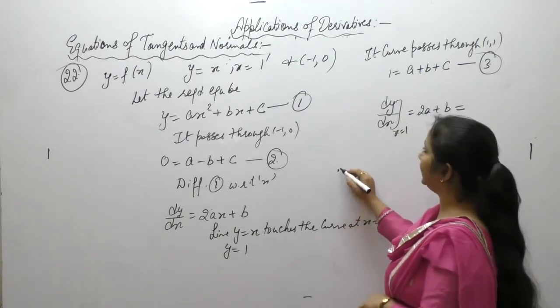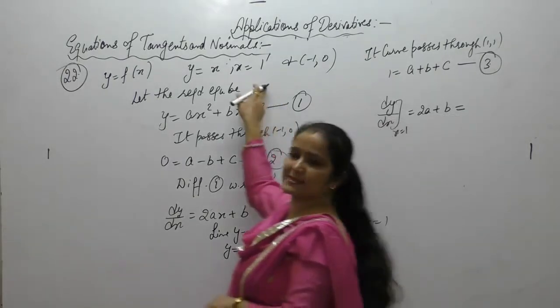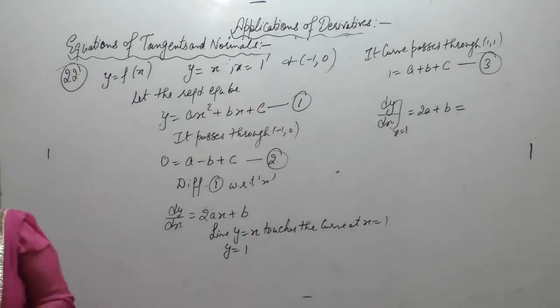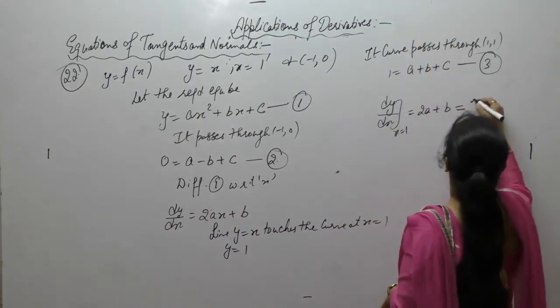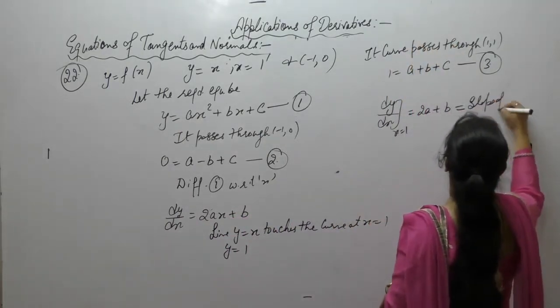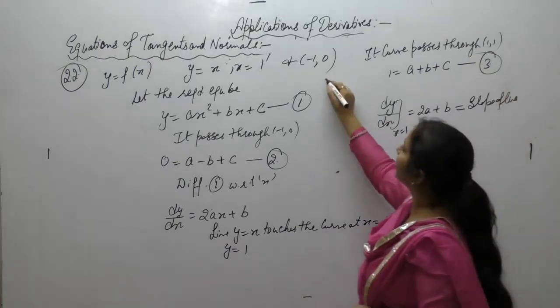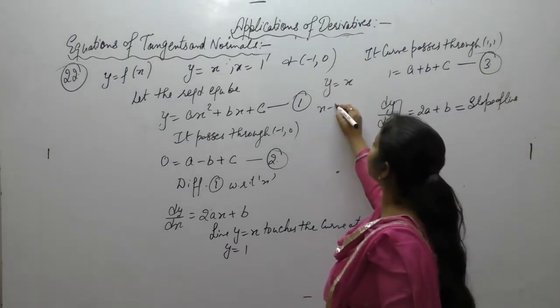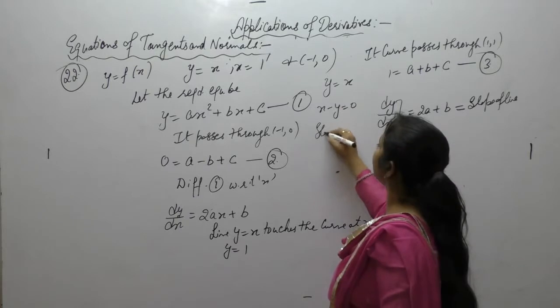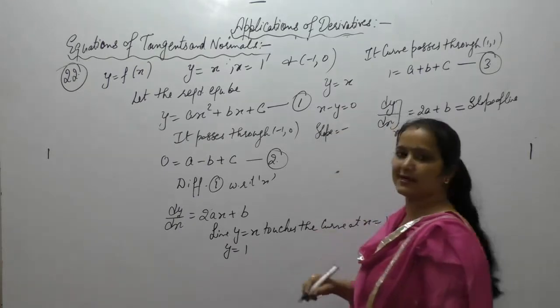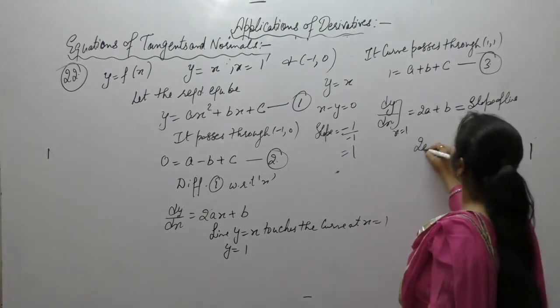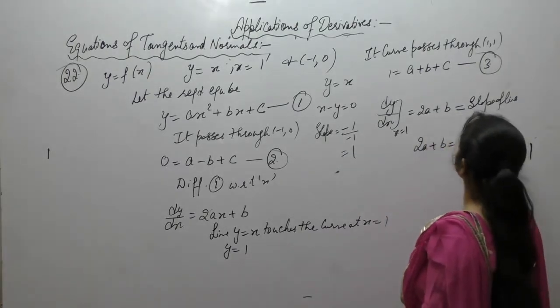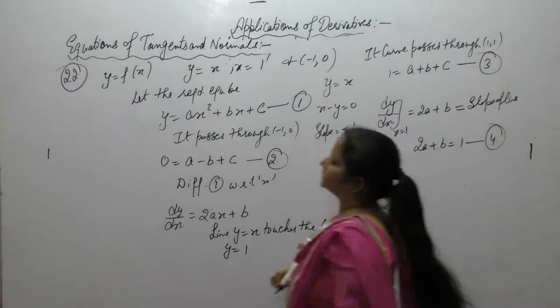Equation of line is y is equals to x, we can write it as x minus y is equals to 0. So slope is equals to minus coefficient of x upon coefficient of y. So 2a plus b is equals to 1.